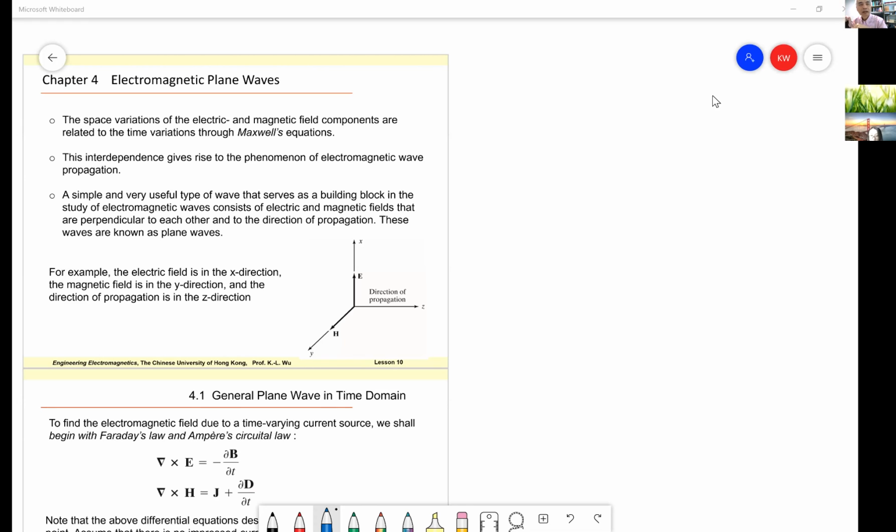Okay, we come to a real business from this class, as we already learned what Maxwell equations are. We learned the integral form, we learned the differential form, and we mentioned the differential form is much more useful than the integral form.